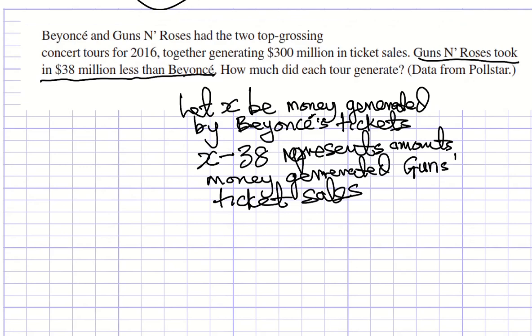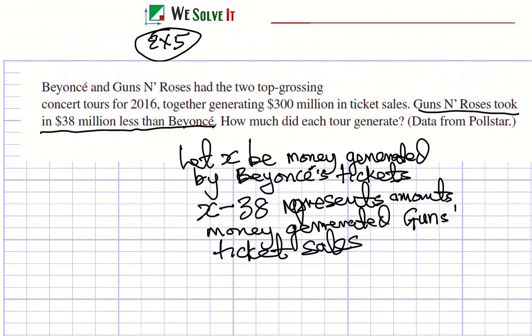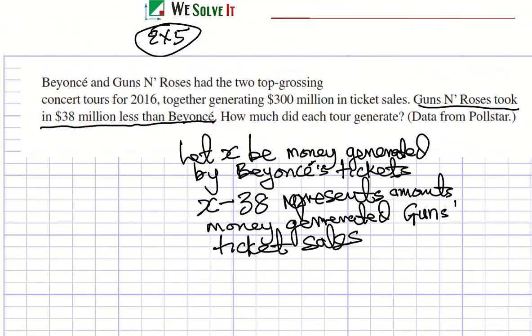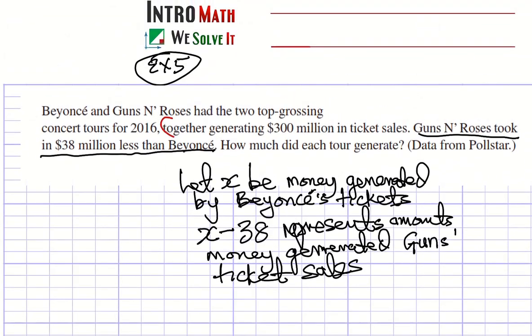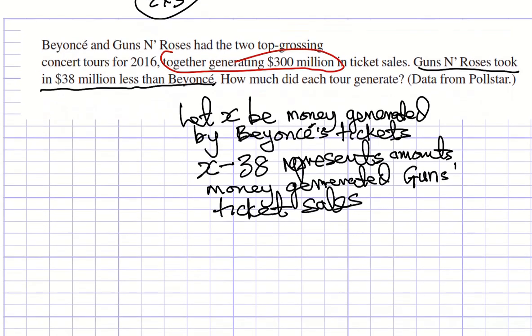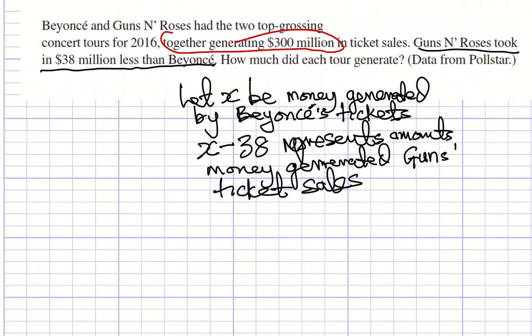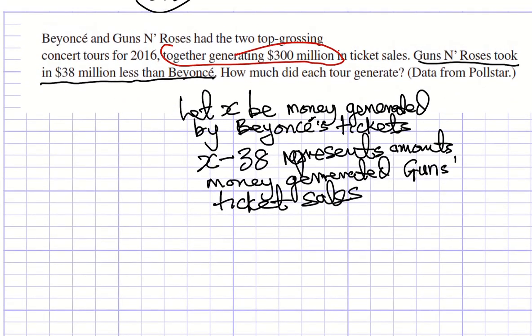Once you get that set up, they say that together they generated that in ticket sales. Remember what we say, you gotta read carefully. Make sure you understand that. So that means X plus X minus 38 equals 300.